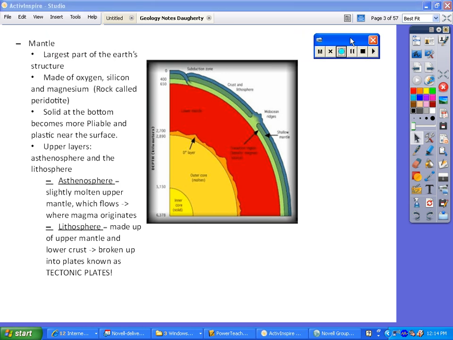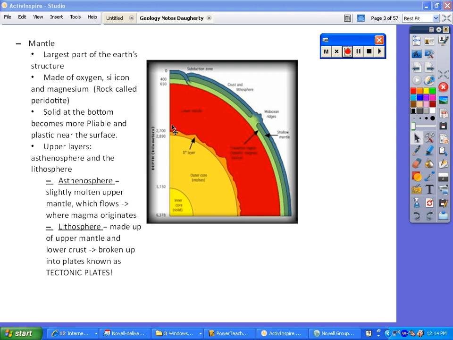Okay, and then your next step up from your cores is going to be your mantle. This is the largest, the widest layer of Earth. It's made mostly of oxygen, silicon, and magnesium. And the rock is called peridotite.